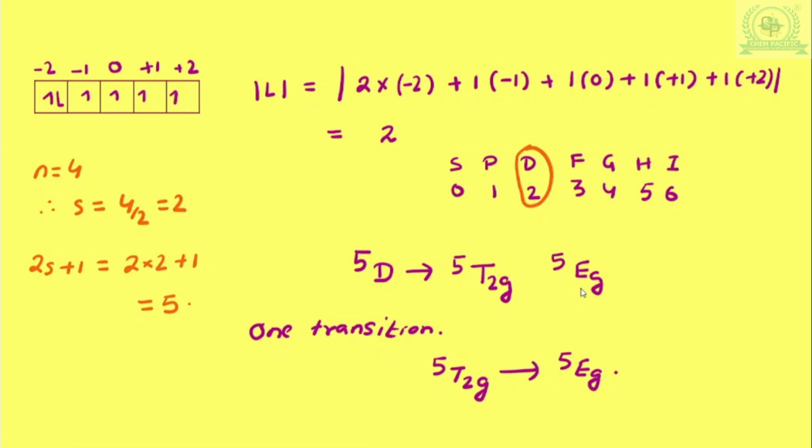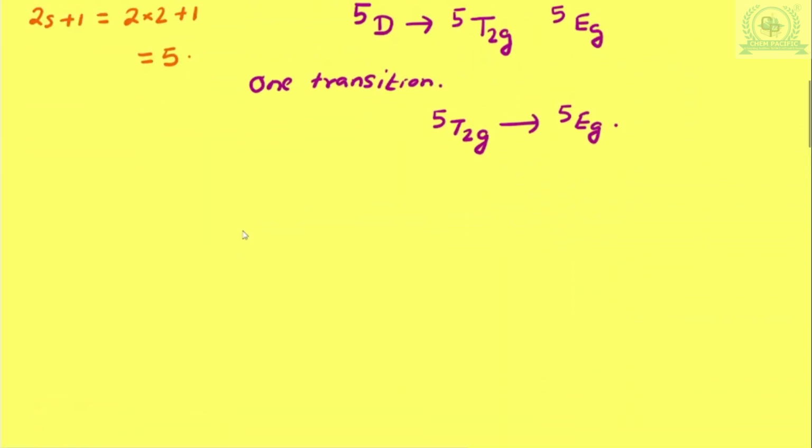So this is quite simple, everyone knows this, but the problem is what happens when it is low spin. So next, they are asking for the low spin octahedral d6 metal ion.